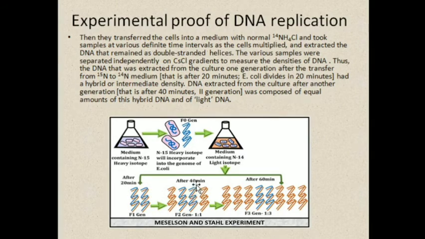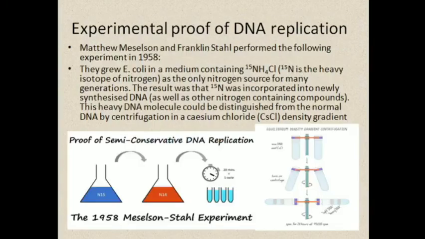Then in the second generation, after 40 minutes, there were two layers. One was DNA which had both strands made up of N14, and another DNA that had one strand made up of N14 and one strand made up of N15. So they had two layers in the centrifuge, as you can see here.